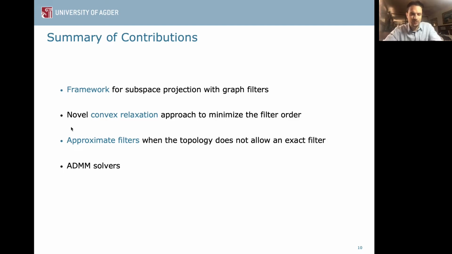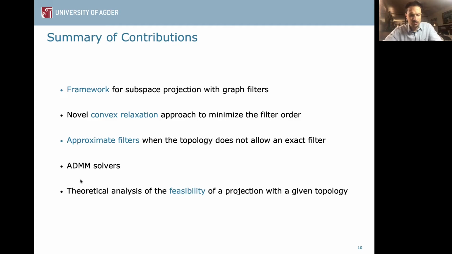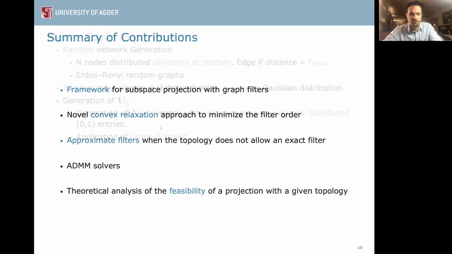Also, solvers for the resulting optimization problems are proposed using the alternating direction method of multipliers, and also some theoretical analysis of when it is feasible to obtain the projection exactly with a given topology.